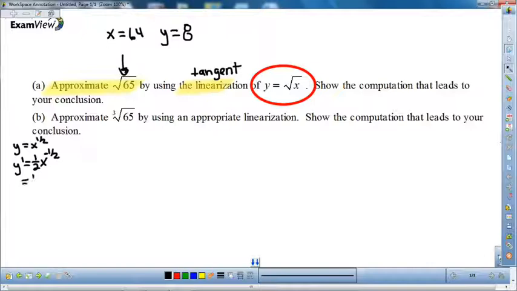So I'm going to go ahead and substitute x. I'm going to have 1 over 2, the square root of 64, which is 1 over 2 times 8, and that gives me 1 over 16.